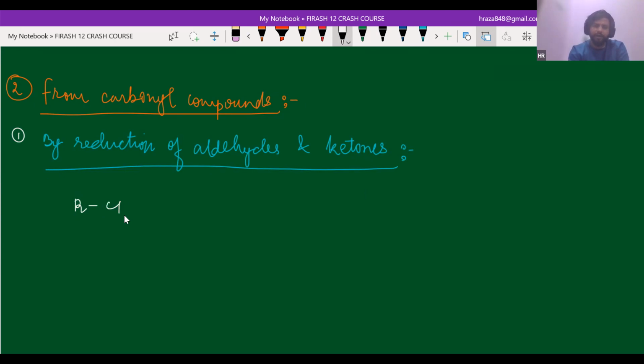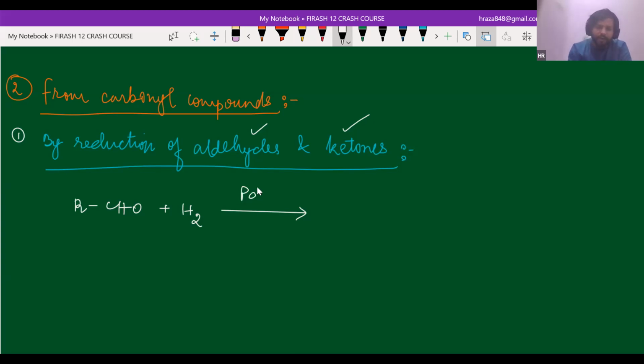This is your RCHO, and you are going to react this with H2. Whenever we do the reduction of aldehyde, you will get alcohol, and from ketone you will also get alcohol. If you do reduction with a very strong reducing agent, carboxylic acid also can be converted into alcohol.